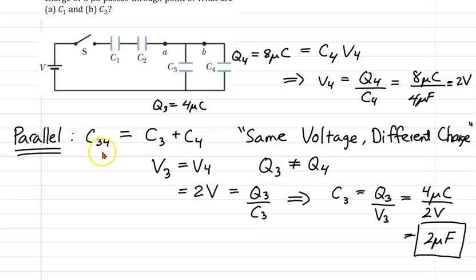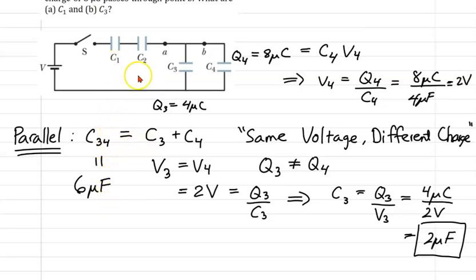Okay, so what's C3 for? We just found C3, and that's 2 microfarads. And C4 is 4 microfarads. So that means that C34 is going to be 6 microfarads. Now we can tackle what is C1.